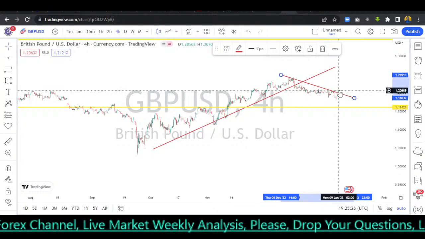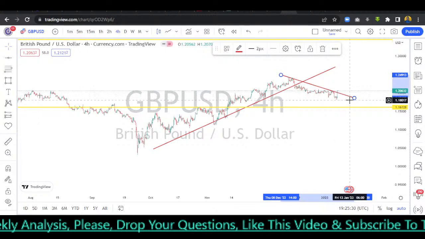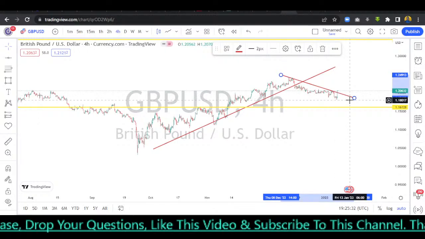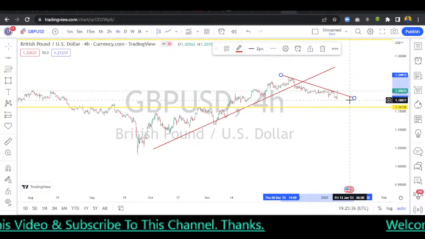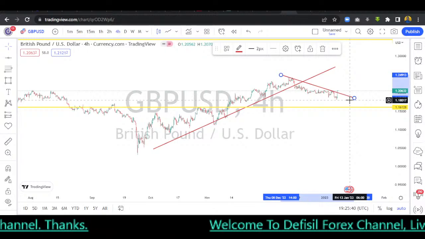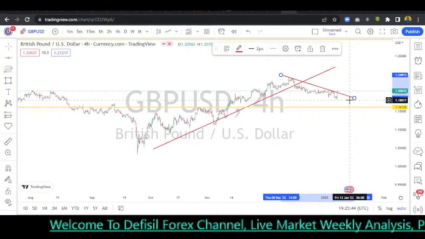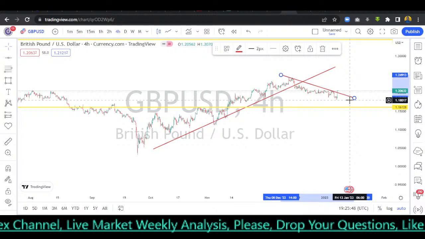However, there is no validation here because it hasn't retested it. So not until it retests it, we cannot consider a buying opportunity. And even if we consider a buying opportunity, we cannot just take it blindly. It will have to be a very risky buying opportunity.